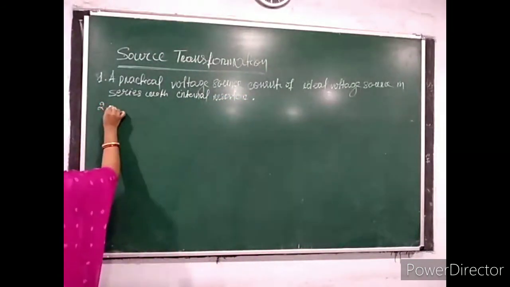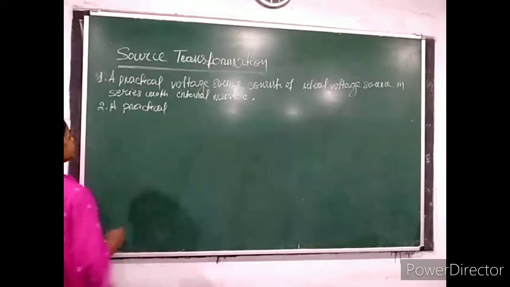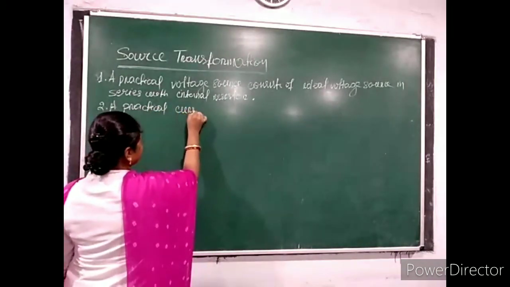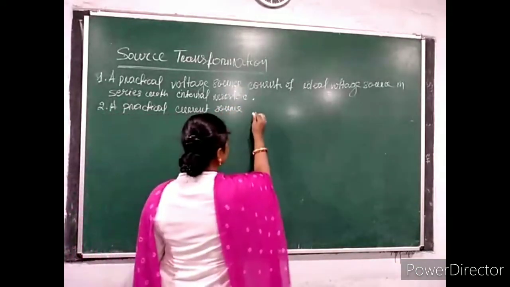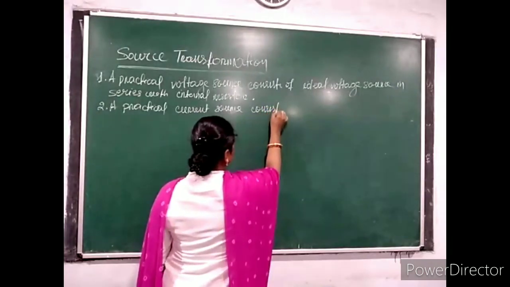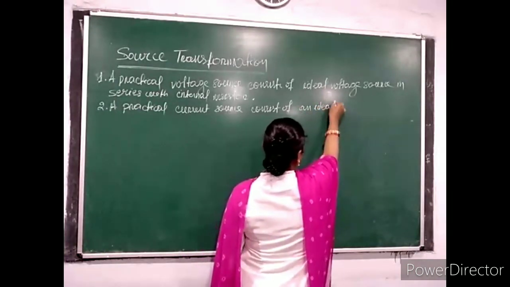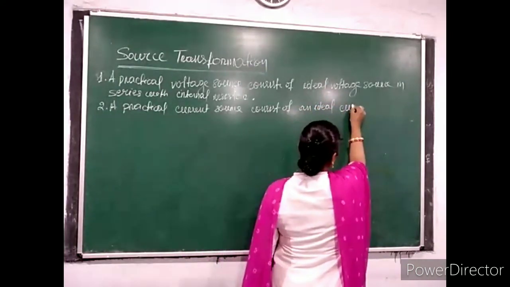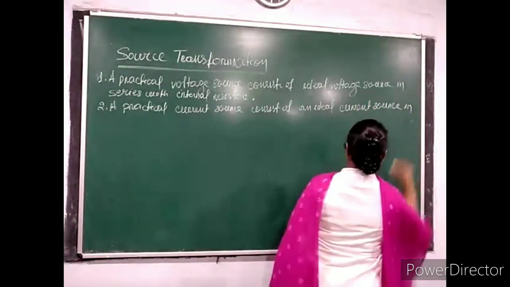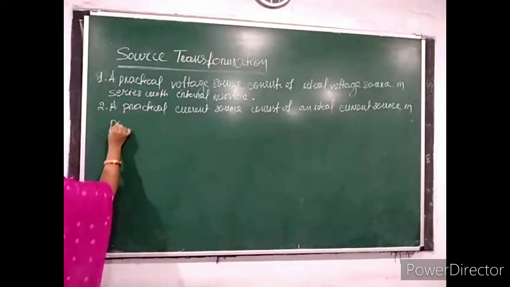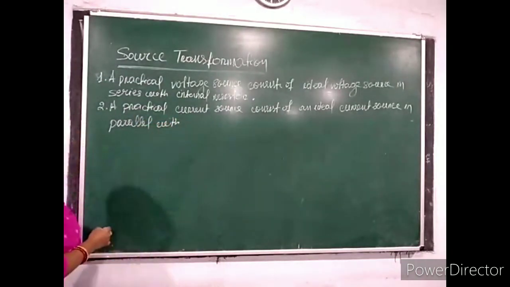Similarly, a practical current source consists of an ideal current source in parallel with an internal resistor.